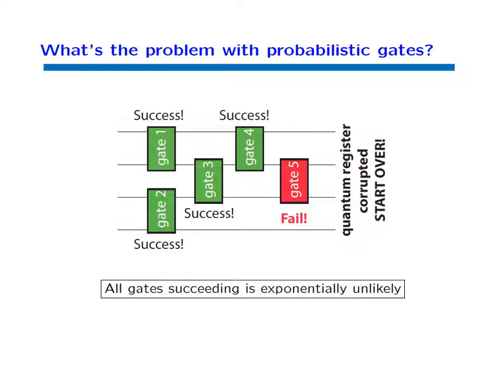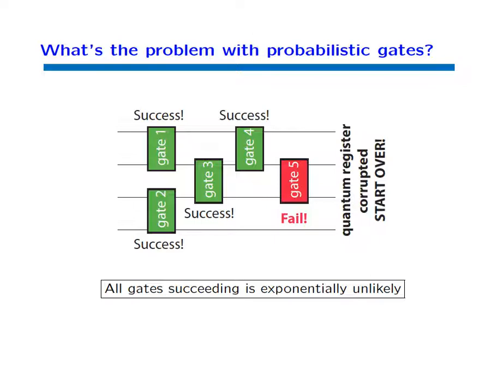A simple solution to this problem would be to just ignore this extra information of whether the gate has succeeded or failed and resort to standard techniques of quantum error correction. That is perfectly fine. However, it works only when the gate success probability is very high, say 99% or higher.